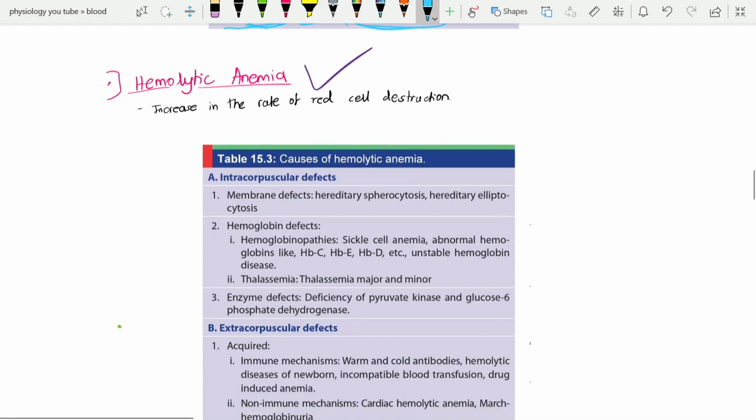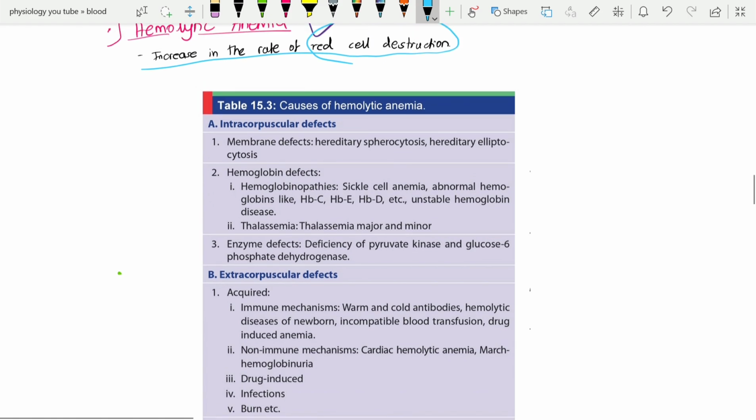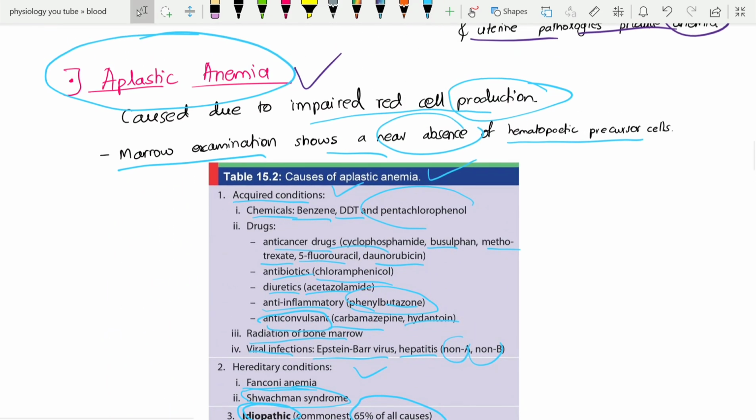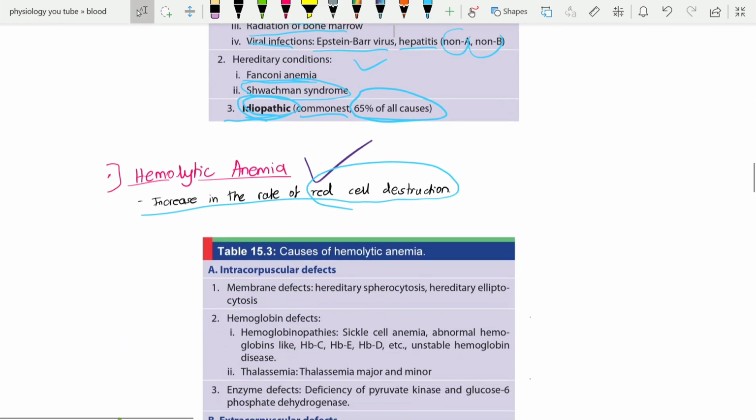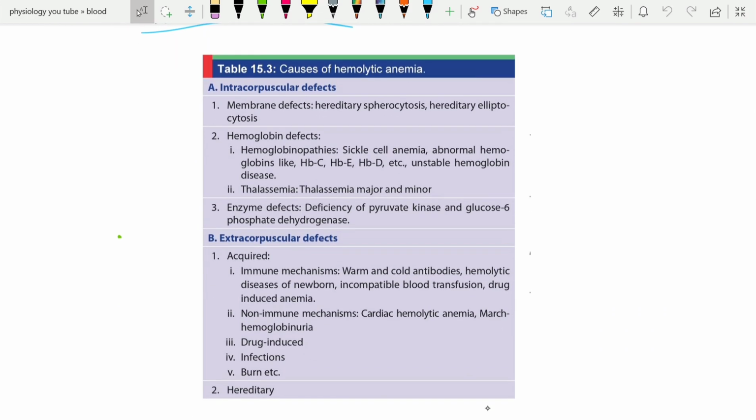Coming to hemolytic anemia, there is an increase in the rate of red cell destruction. Earlier we studied decreased production; here it is increased destruction. Causes of hemolytic anemia: intracorpuscular defects and extracorpuscular defects.